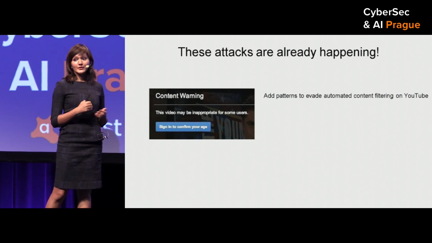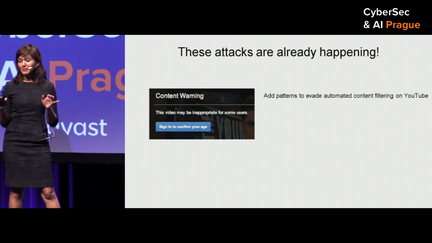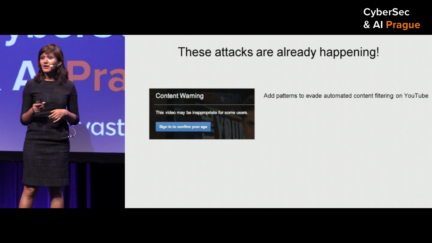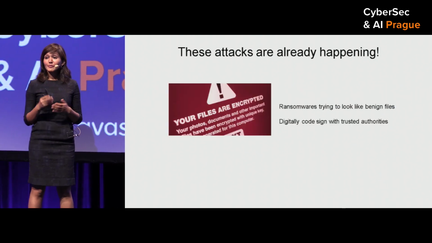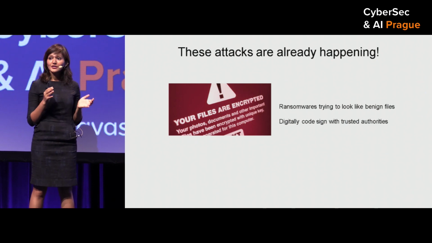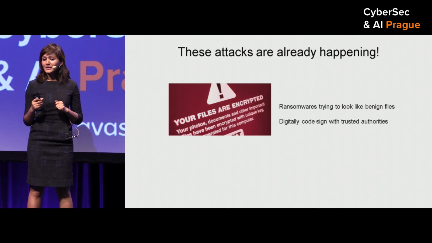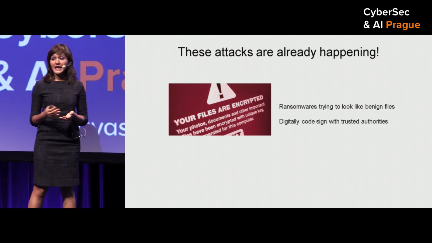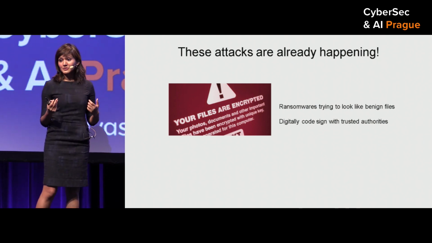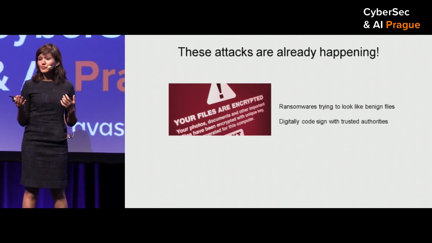There are YouTube videos that add special patterns to them to evade YouTube's automated content filtering. In the malware domain, we have very dedicated adversaries who are always trying to change their malware to evade malware detectors. There are ransomwares that put on some benign characteristics, for example, getting signed by trusted authorities to bypass malware detectors.